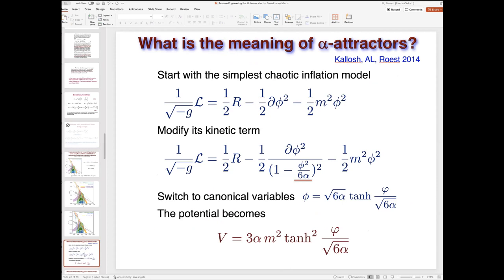I did not prepare slides to show you. People in supergravity have worked using this approach for ages, because it was a convenient tool to formulate inflationary theory in phenomenological supergravity in the most convenient way.